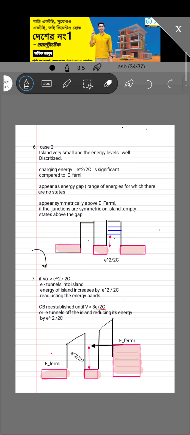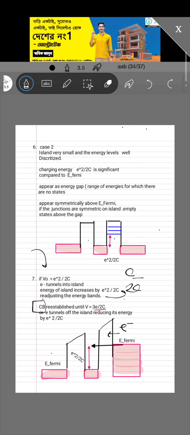Now, in this case, already there are certain energy levels existing, and if you are again supplying, there's a tunneling of a second electron. It is already discretized states. What happens is that there is an adjustment taking place, the energy bands adjust among themselves, and there is also a Coulomb blockade existing, but the Coulomb blockade now goes to a higher level.